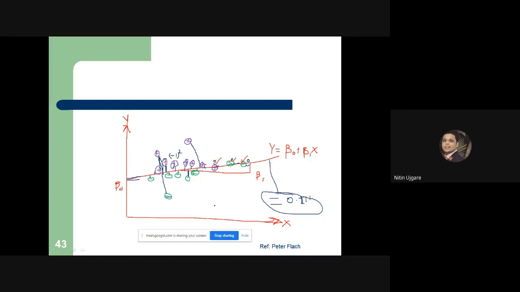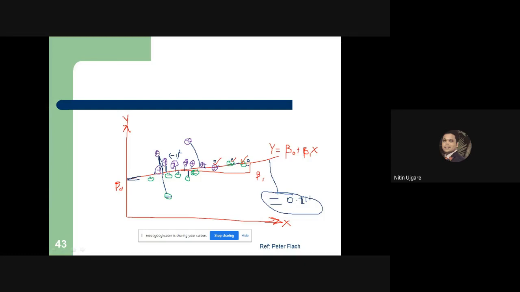Another characteristic: the number of instances above and below the line need not be equal. Even then you can say that the line is a best fit line. Here you can see the points above the line and the points below the line are not equal. Still we found that this line is a best fit linear regression line. Why? Because the only reason is it has the minimum sum of square of error.